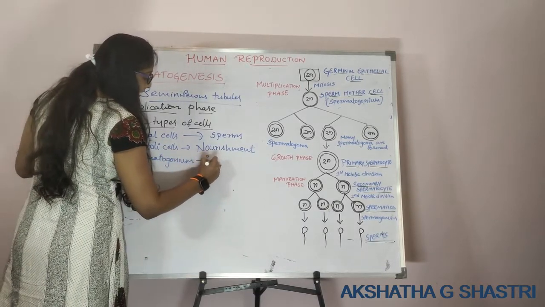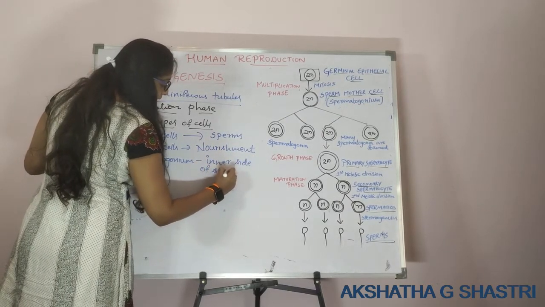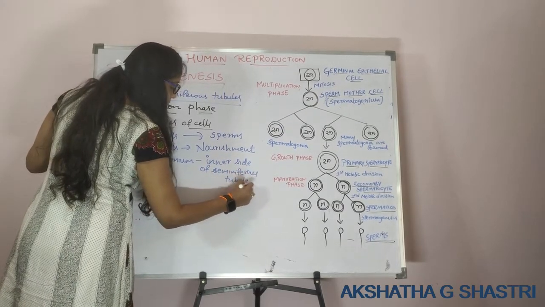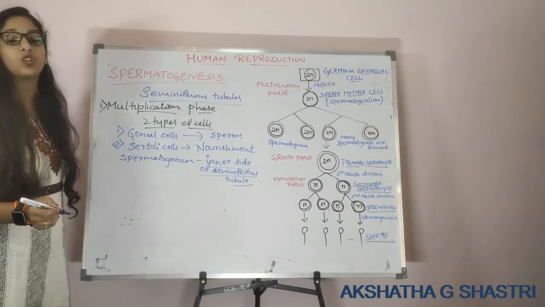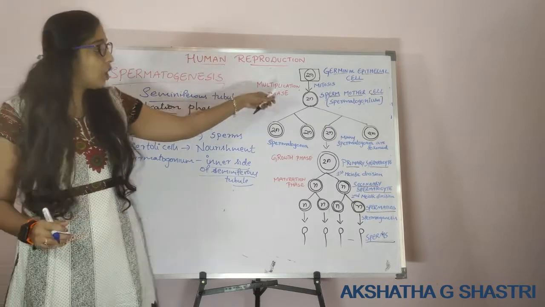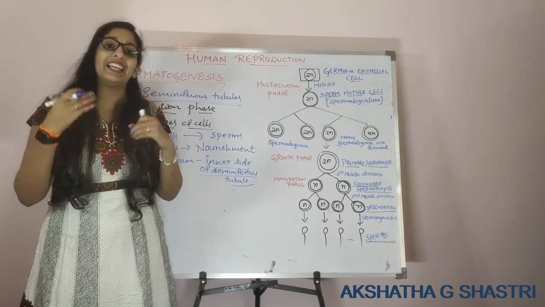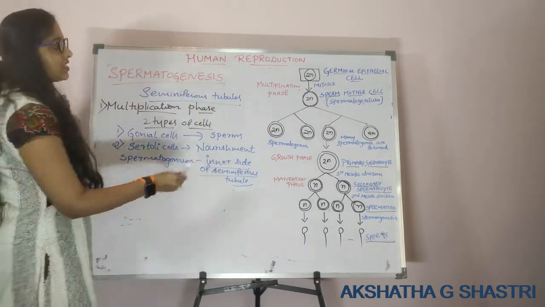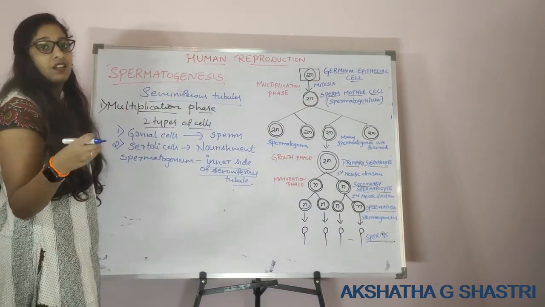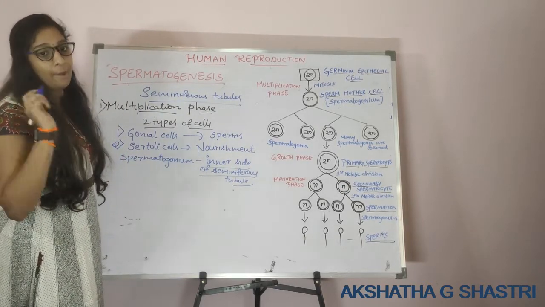The spermatogonium is present on the inner side of the seminiferous tubule. The spermatogonia multiply by mitotic division, that is equational division, and increase in number.